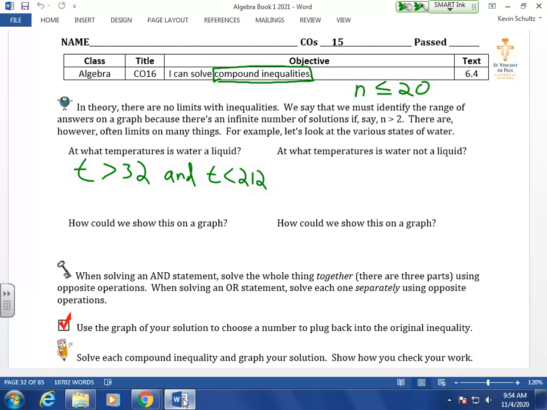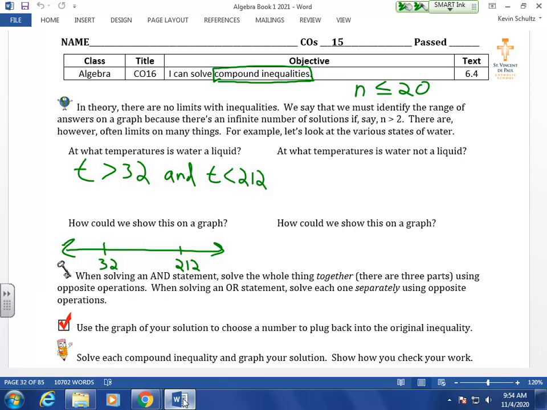All right? So graphically, how we're going to represent this? We're still going to get a number line. And this time, we've got two reference numbers on this line, 32 and 212.